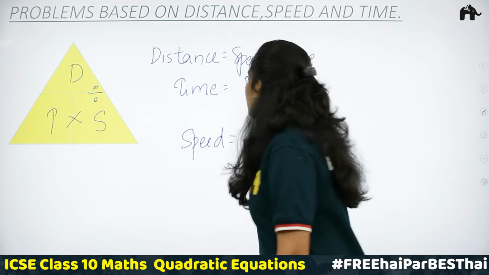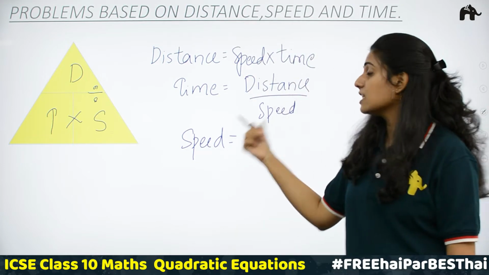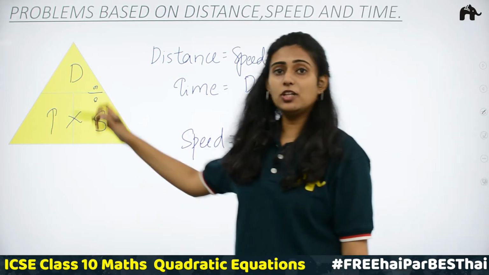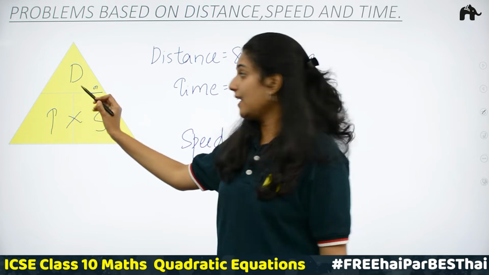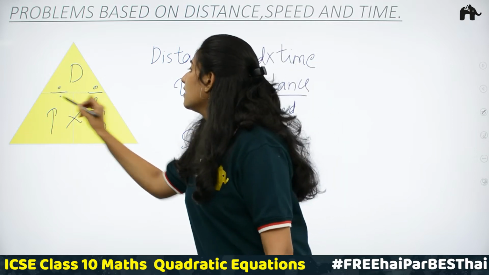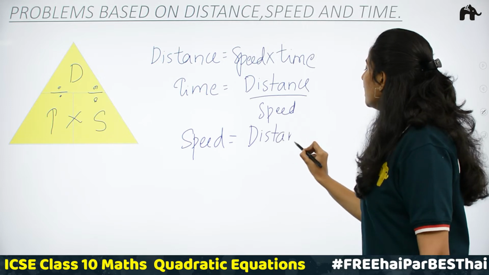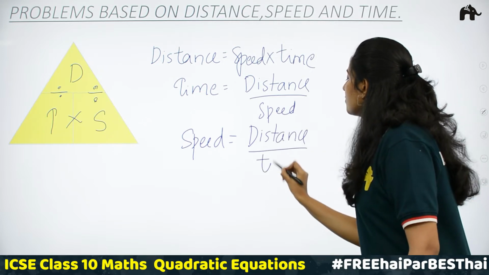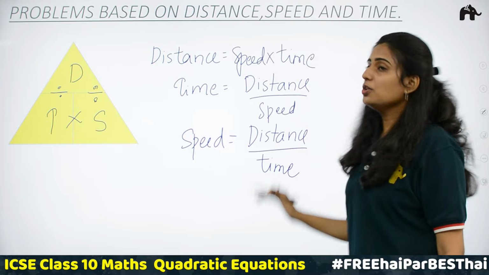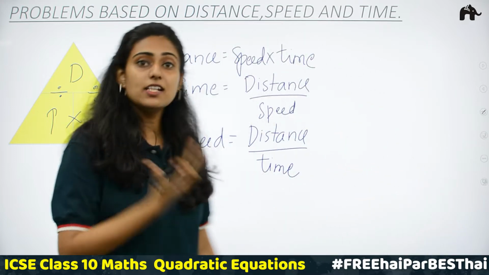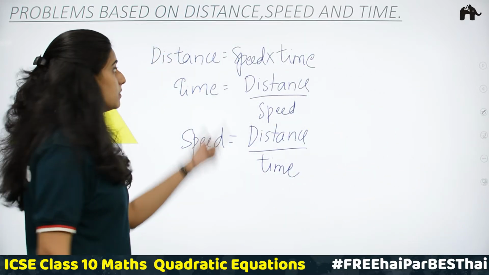How can I write in relation for speed? Speed will be equal to distance divided by time. If you know these basic relations, you can solve problems that come from this section.